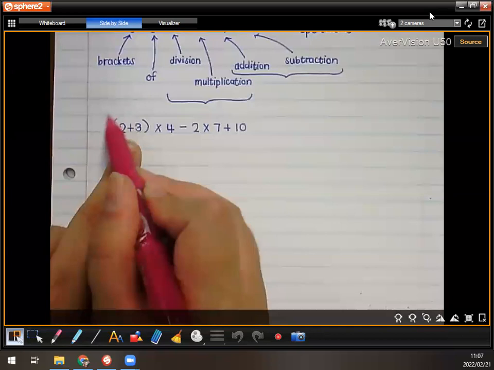All right, guys, some more. Let's do 2 plus 3 in brackets times 4 minus 2 times 7 plus 10. Okay, now guys, here we are going to circle the pluses and minuses, but not the one that's in brackets.